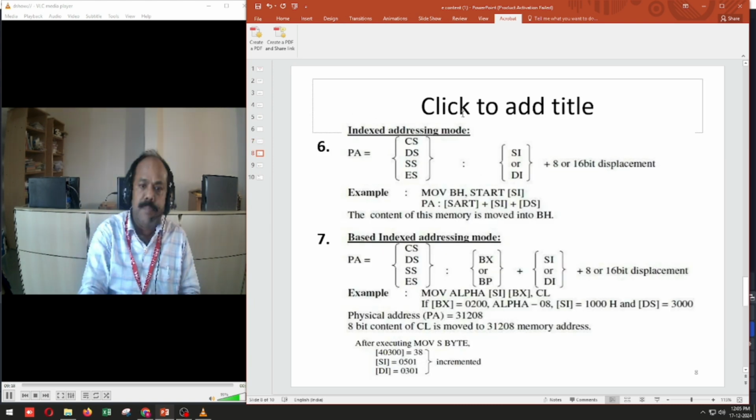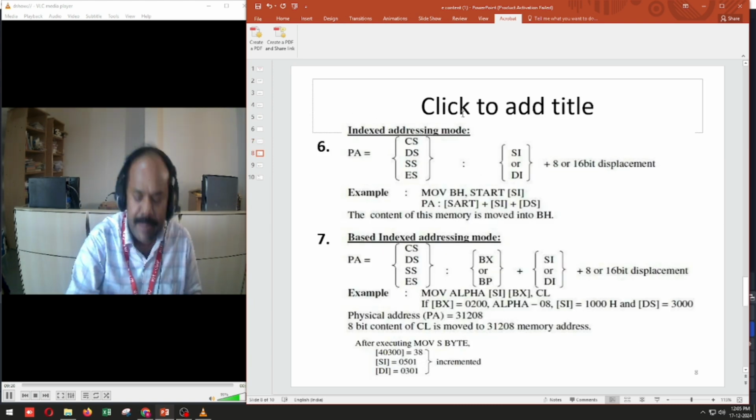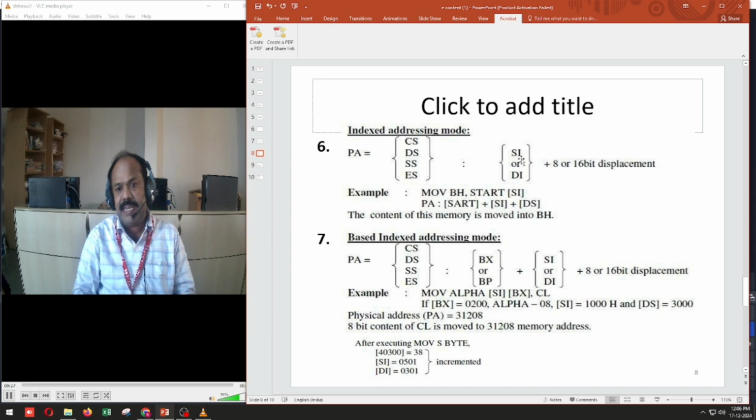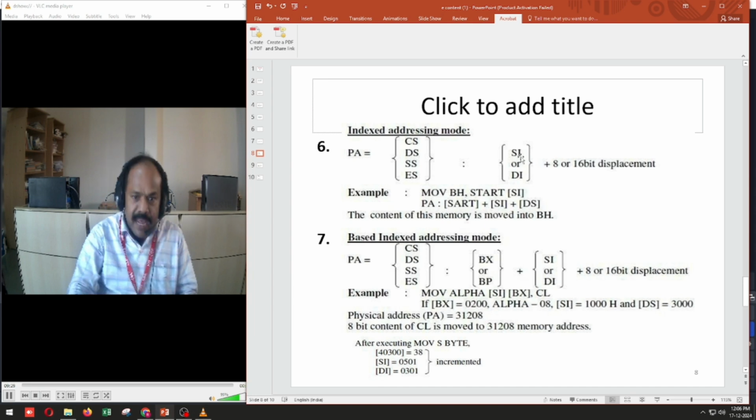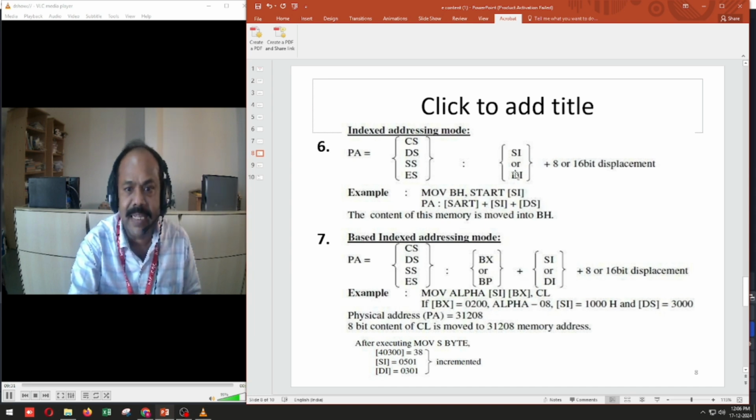If it is available in an index register, either SI or DI, it is known as index addressing. Here the effective address or offset address will be available either in the source index register or destination index register. Apart from that, there may be a displacement component which may be either 8-bit or 16-bit.